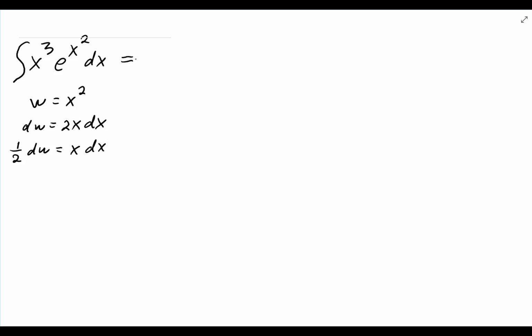Now, here's the trick that's going to make this work. I'm going to take that x cubed and split it up. I'm going to leave an x squared there, then times e to the x squared. That extra x I'm going to slide back here next to the dx.